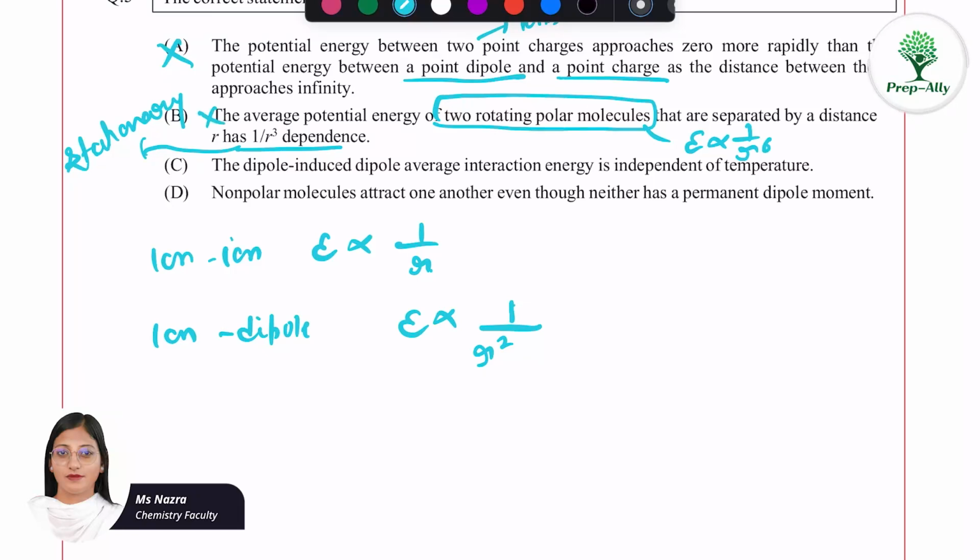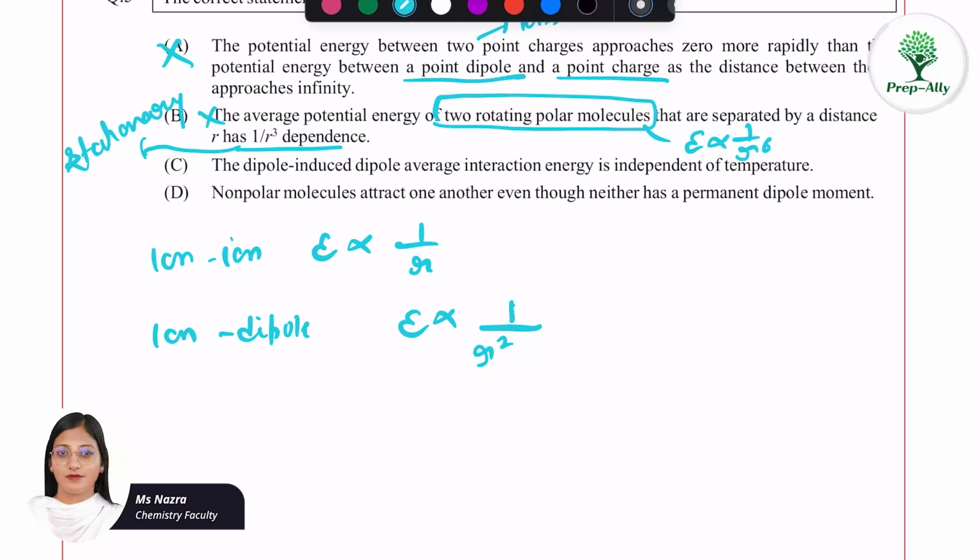Now next is: the dipole-induced dipole average interaction energy is independent of temperature. Dipole-induced dipole is nothing but the interaction where one dipole is creating a dipole in another compound, right?